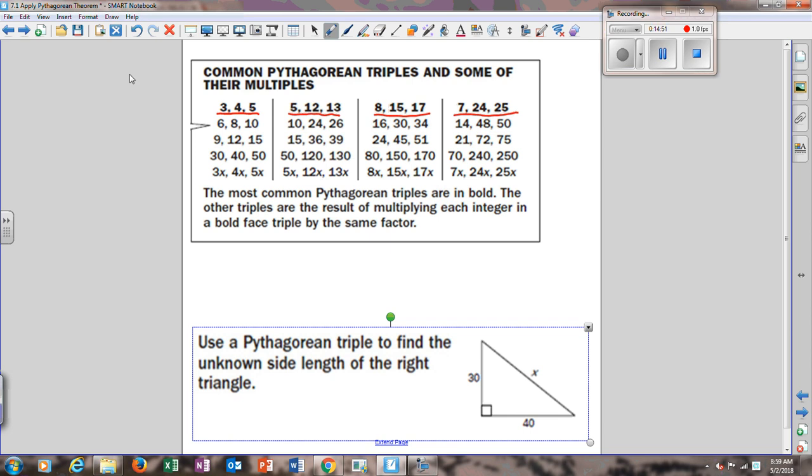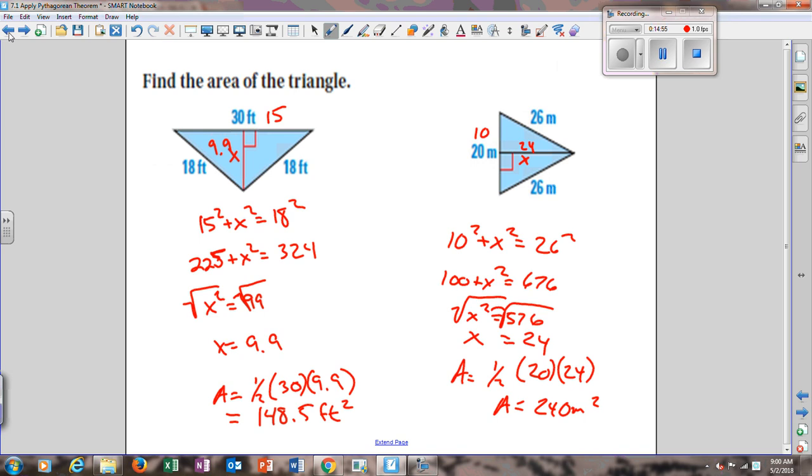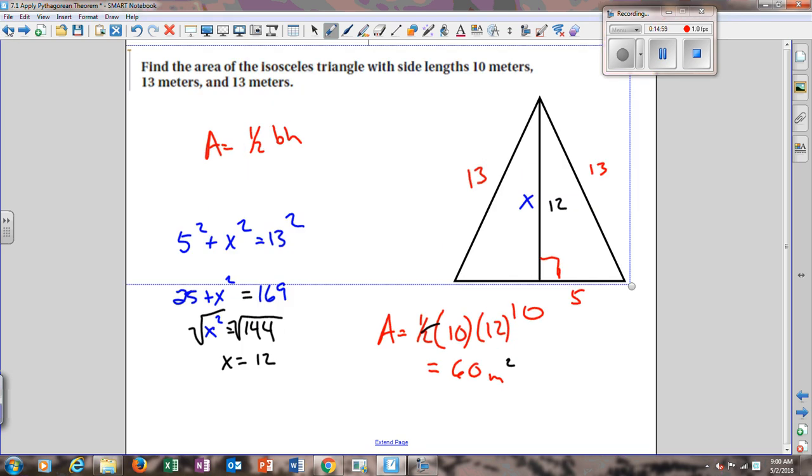So like back on one of these examples here. I remember saying like, oh, I'm a genius. It's not me being a genius. That's a 5, 12, 13 triangle.